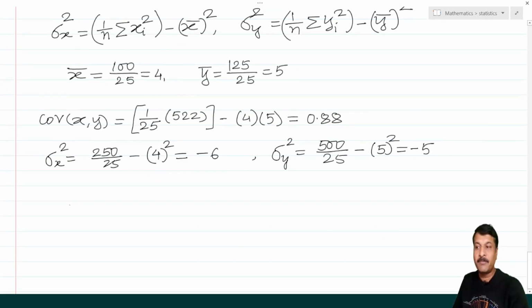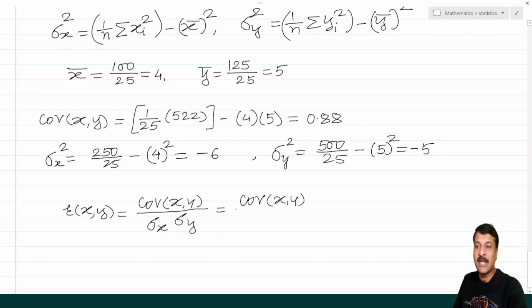So now what is the coefficient of correlation? It is equal to covariance of xy upon the product of sigma x and sigma y. Actually we know the standard deviation is nothing but the square root.